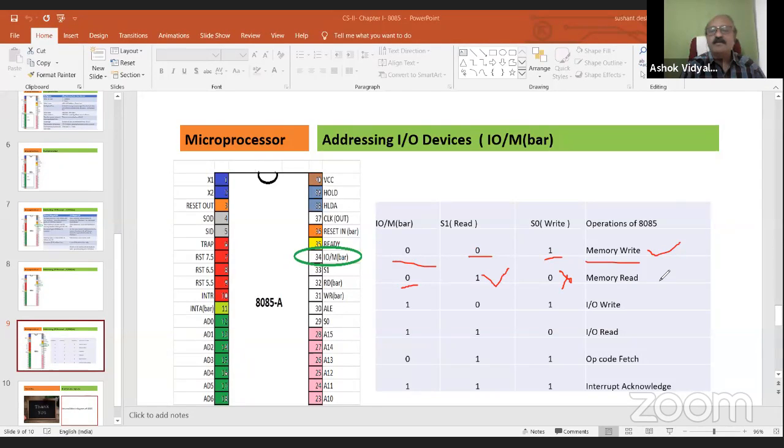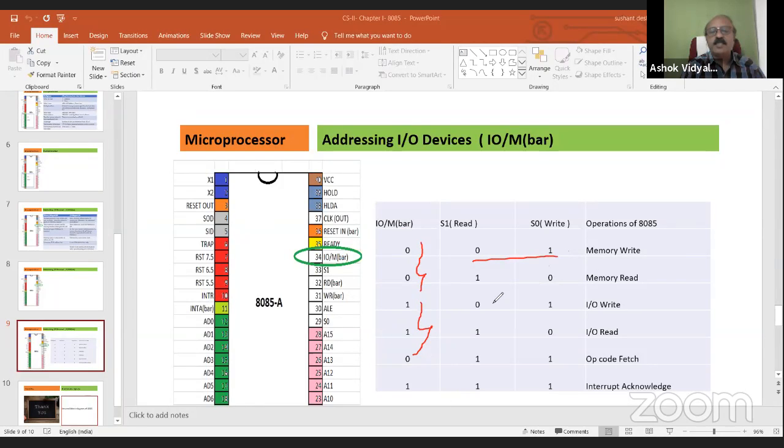It means that it is a read. Now if IO bar is 1, it means IO is high. So I will say the operation is for IO. And now if S0 is 1, then write, and S1 is 1, then read. So see the combination.